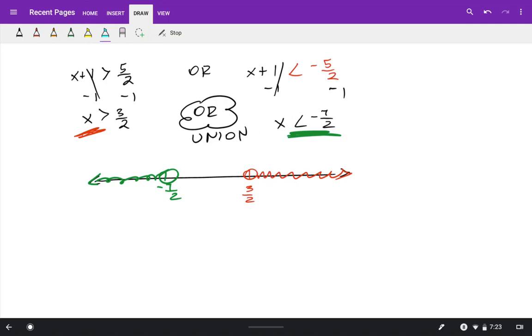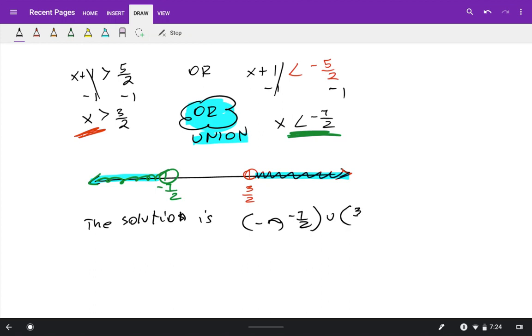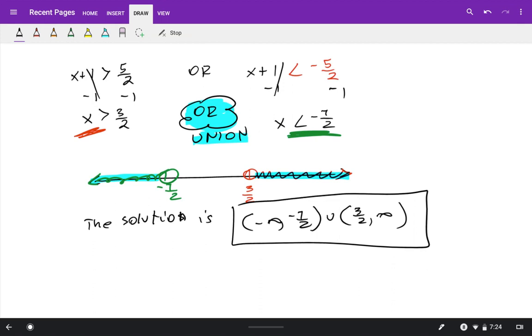And don't forget that union means that we're adding solutions together. So on the number line, everything that you shaded is the solution. So this is the union. The solution set is two intervals: from negative infinity to negative 7 halves, union, 3 halves to positive infinity. So this is the solution.